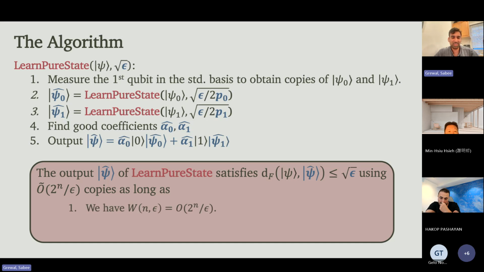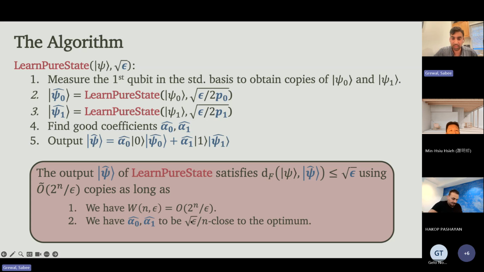In step 4, when we find good coefficients, we're only allowed to spend 2 to the n over epsilon copies. And the coefficients that our algorithm chooses need to be solid approximations to the optimal value. That's the state of play now. So if we can do these two things, we're happy and our algorithm works.